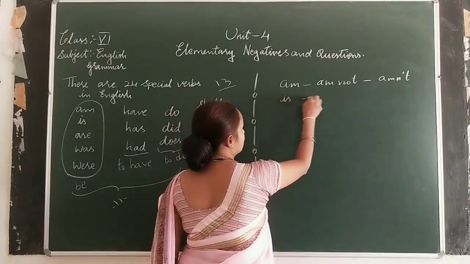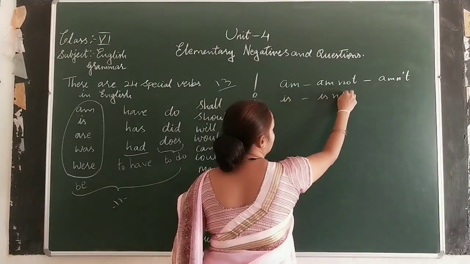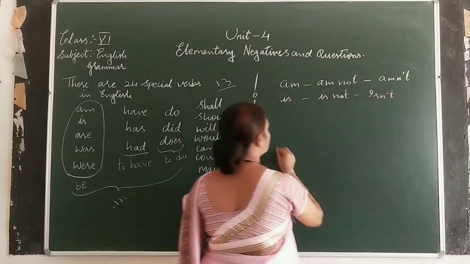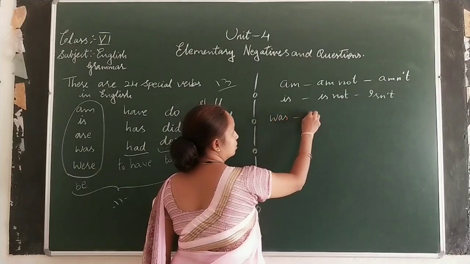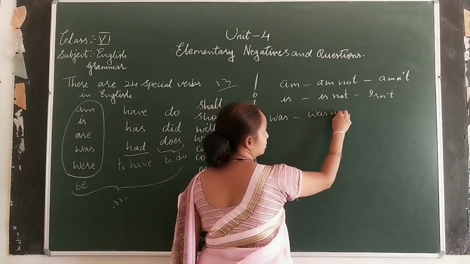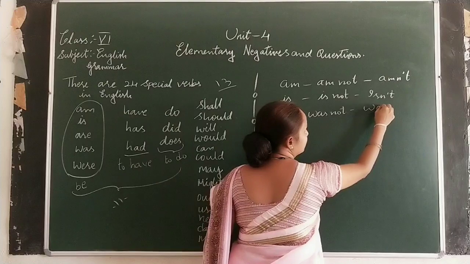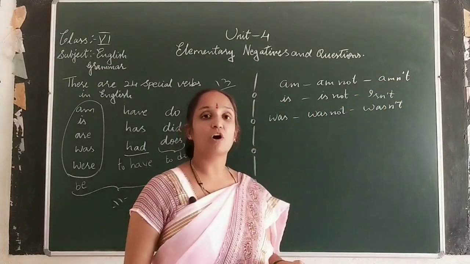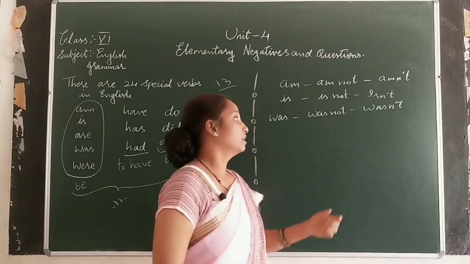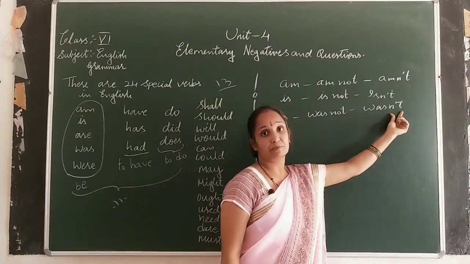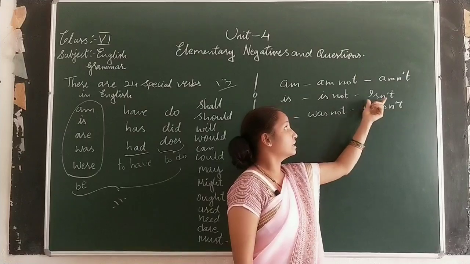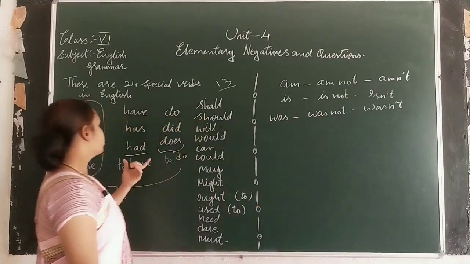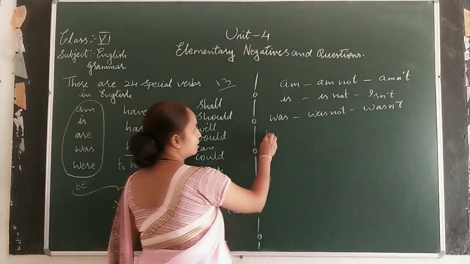Is not, isn't, was not, wasn't. Always pronounce the short form wasn't, for n't we pronounce ant. Wasn't, isn't, amn't. Okay, like this. And for the others, the same.